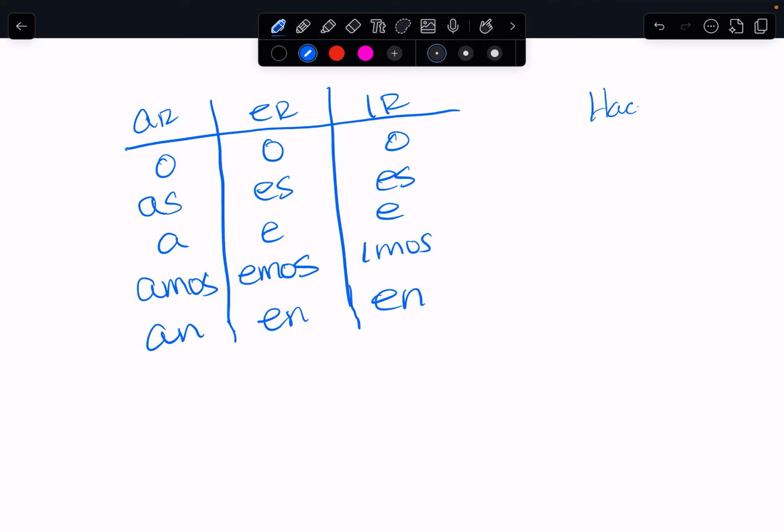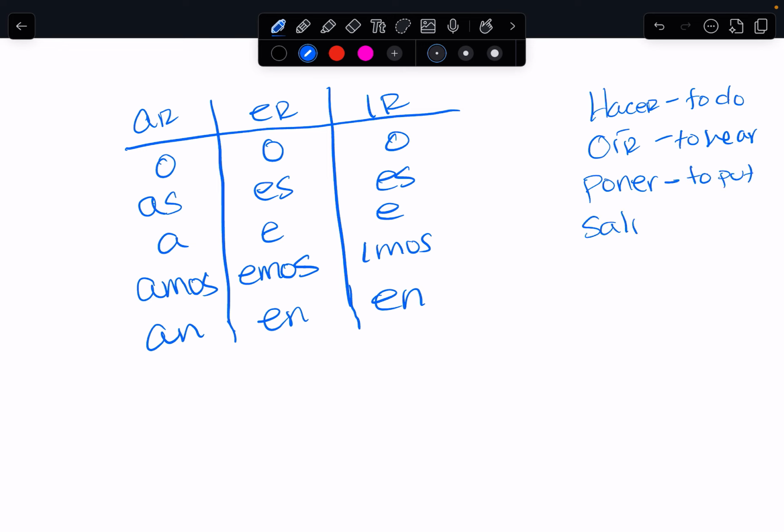Hacer is to do. Oír, to hear. Poner, to put or to place.